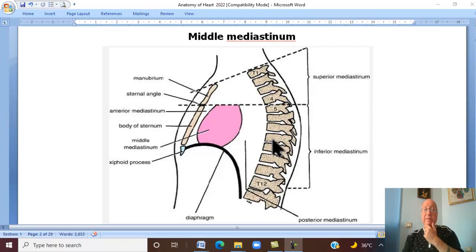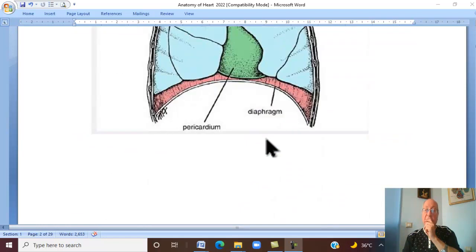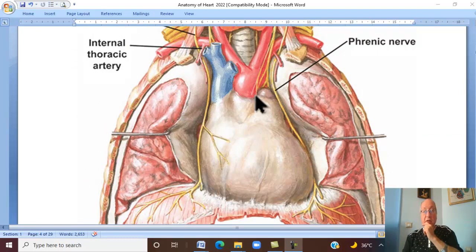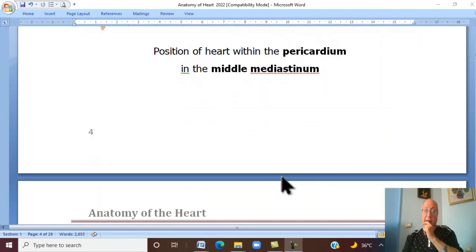But the base of the heart is separated from these vertebrae by structures. The following structures from anterior to posterior separate the base of the heart from the middle four vertebrae. First of all, this is the shape of the heart and position of the heart inside the pericardium.